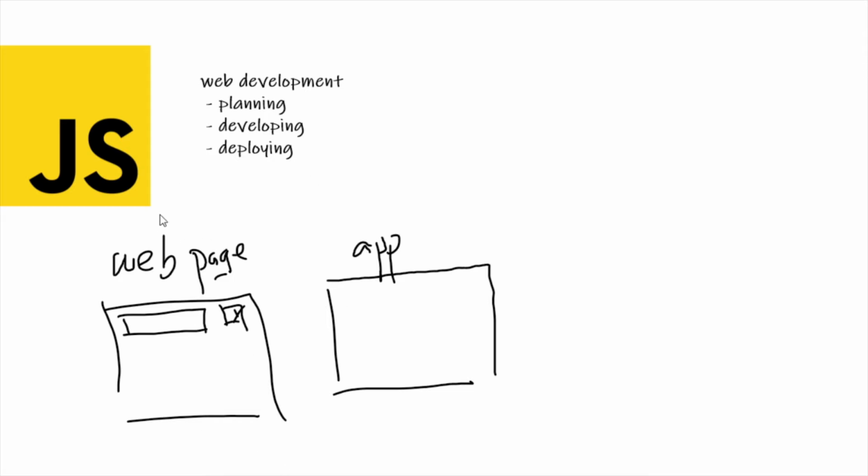Nowadays, these two domains, the domain of a web page and an app, are largely blurred. That's just to say that the experience you have with an app should be similar or exactly the same as the experience you have with that app's website. An example of this would be YouTube.